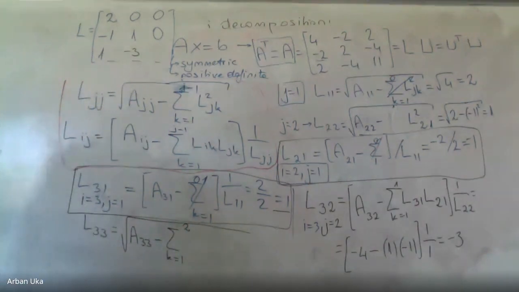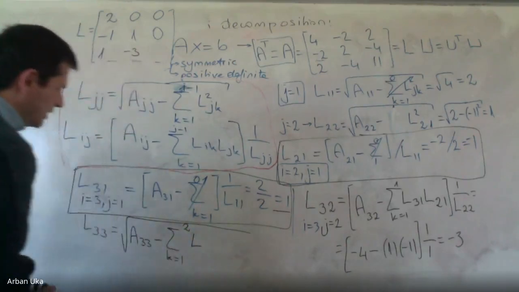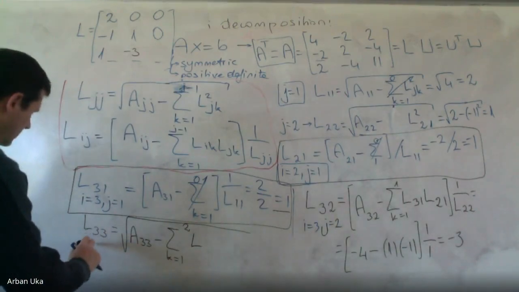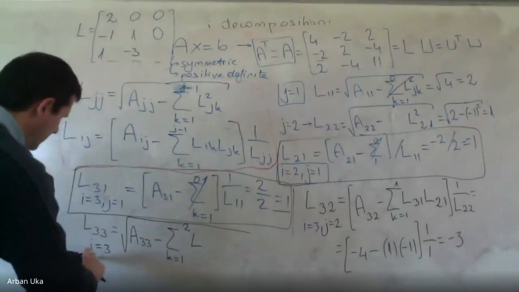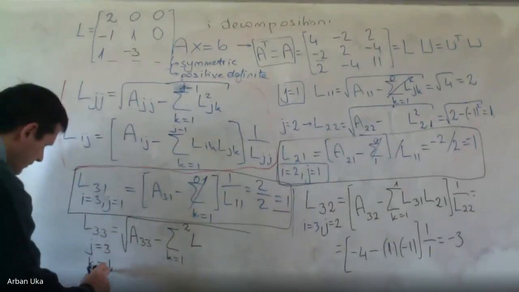So we're going to have two terms over there, and we have the Ljk squared. So j is 3, and k is equal to 1, 2.